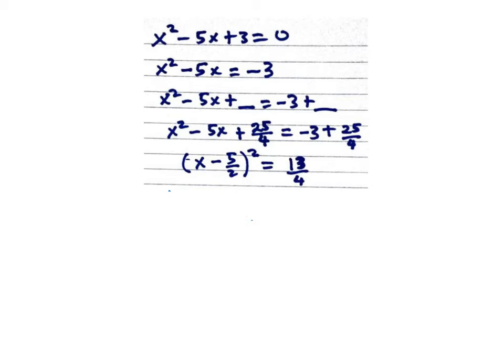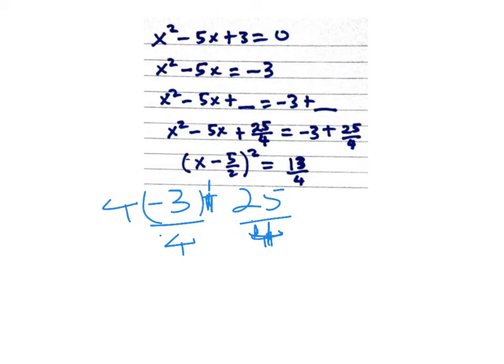So we have -3 plus 25/4. What you would do is find a common denominator. You multiply the left side by 4 and put 4 down here, so you multiply the top and the bottom by 4.